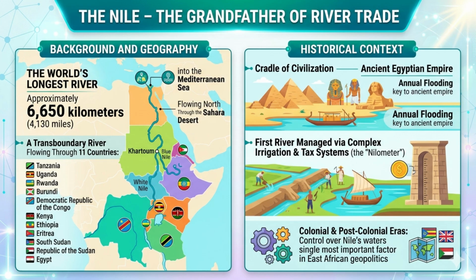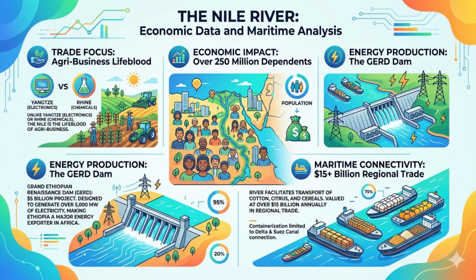Historically a lot of trade flowed through this river, and the latest figure is about 250 million people depending on it. A few dams have been constructed on the river, and it is one of the top 10 busiest rivers in the world. Later, in a comparison table, I will show you the ranking of the Nile versus the rest of the international rivers.